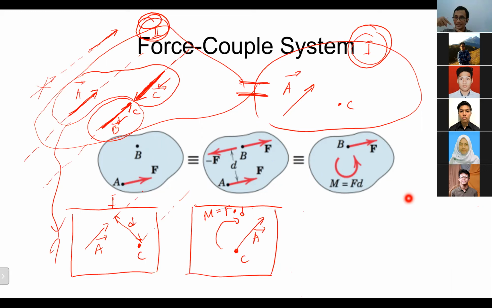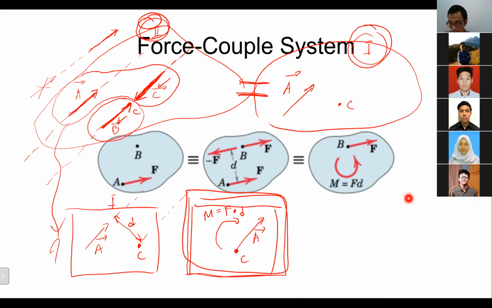Then after that we can find a couple there and replace it with a moment. So at the end, our end result will be like this. Any question?